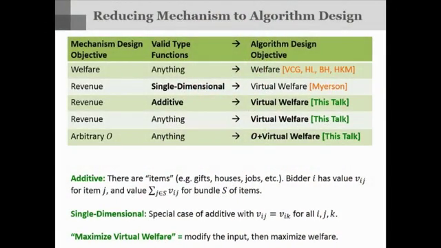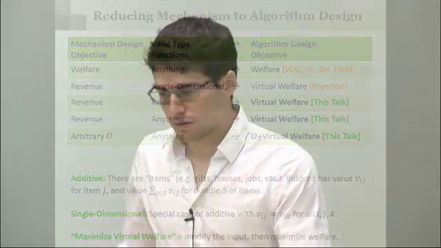So what I'm going to show you in this talk is that moving beyond single-dimensional bidders, for additive bidders, and actually for arbitrary kinds of bidders, as long as you can optimize virtual welfare algorithmically, then you can optimize revenue truthfully. And for arbitrary objectives, as long as you can optimize O plus virtual welfare, so that same objective plus virtual welfare, then you can optimize that objective truthfully. And this sidesteps the impossibility result because we changed the objective.